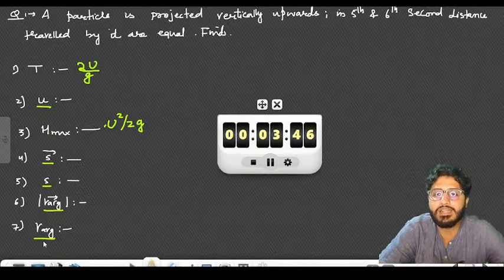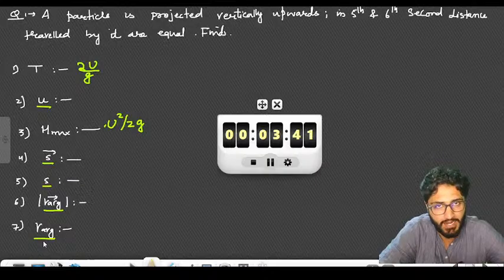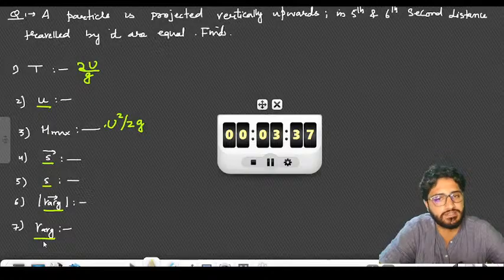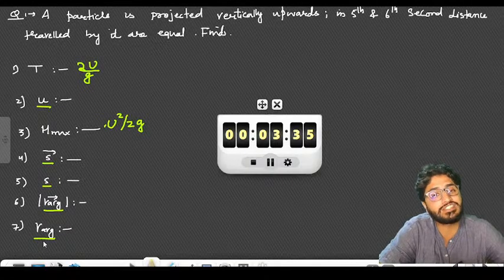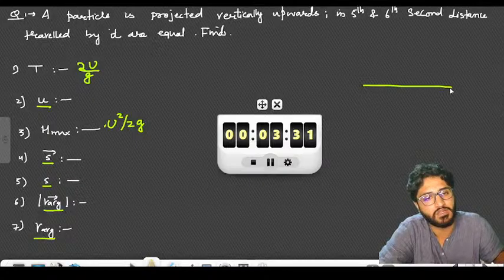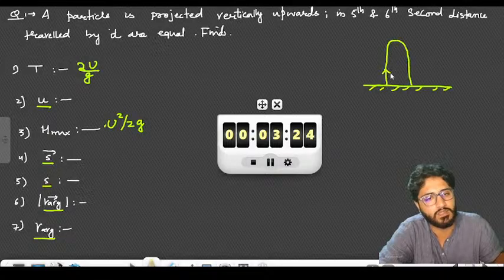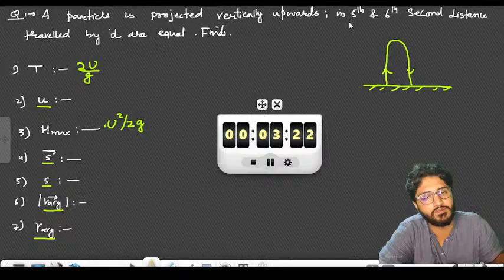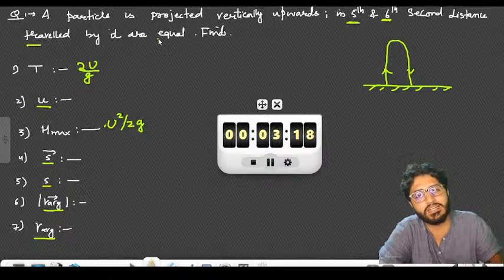Okay, a particle is projected vertically upwards. In the fifth and sixth second, I will be giving you some hint. Look, particle goes in this way. In the fifth and the sixth second, distance traveled by it are equal.